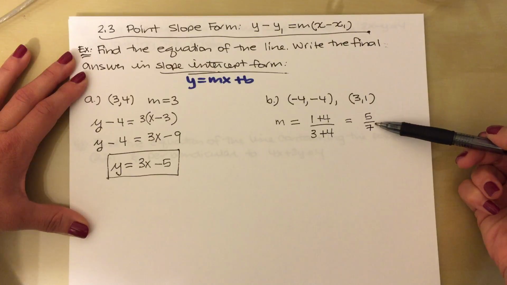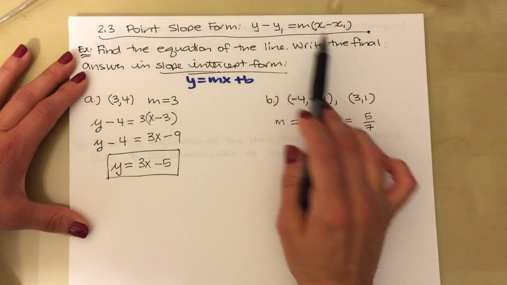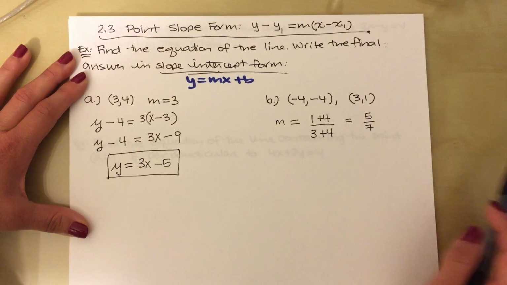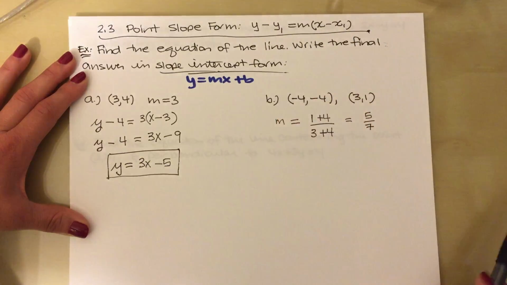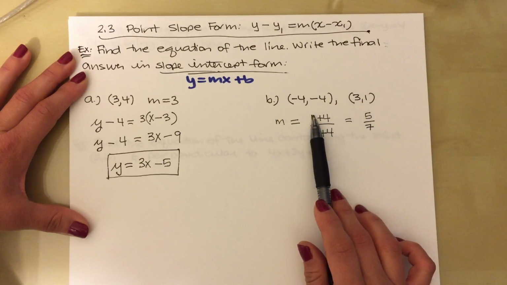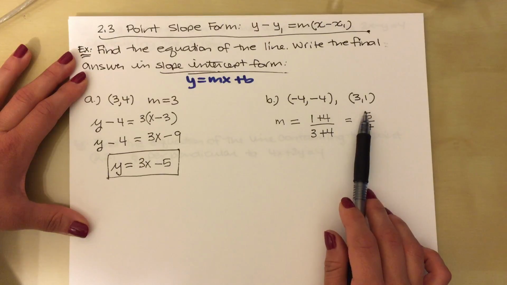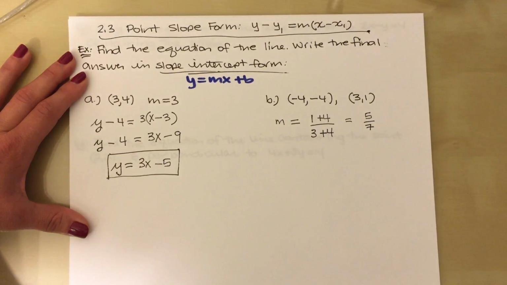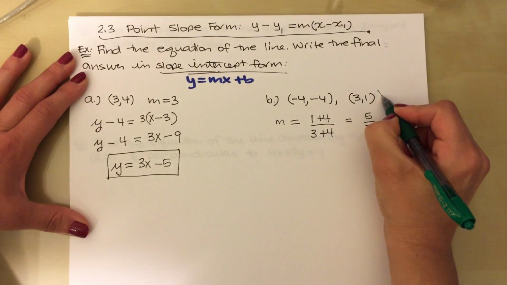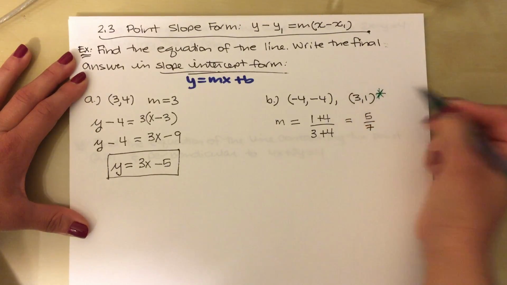So this number will go in for m, and then we need to input x1 and y1. Since we have 2 ordered pairs, just pick one of these points. It doesn't matter which one. Pick the one that's easiest. You'll get the same answer with either point.